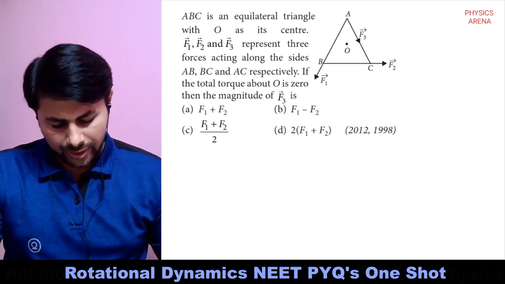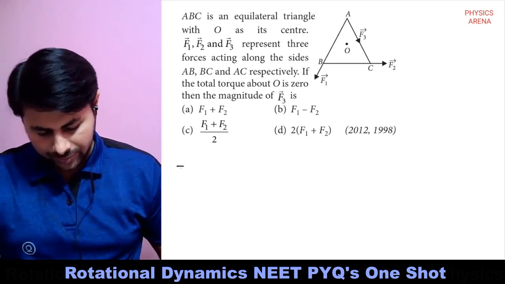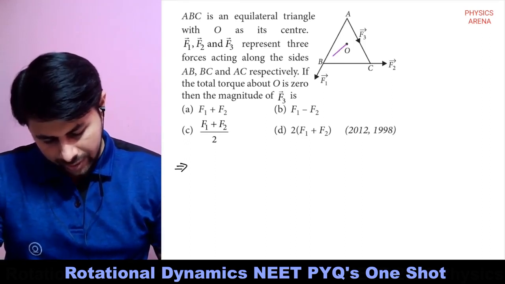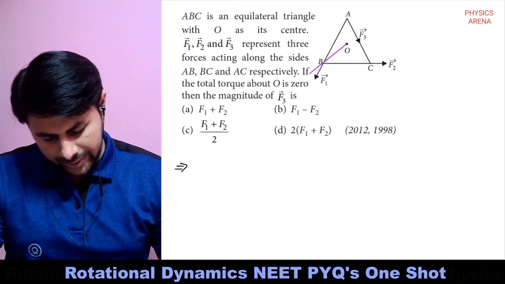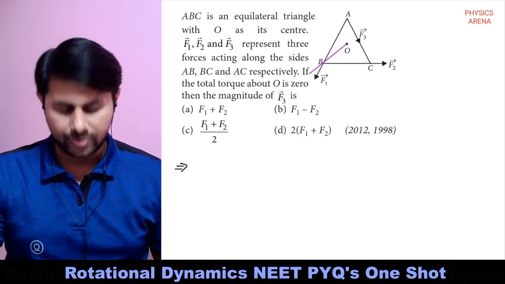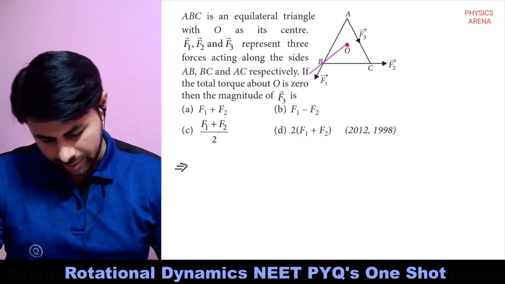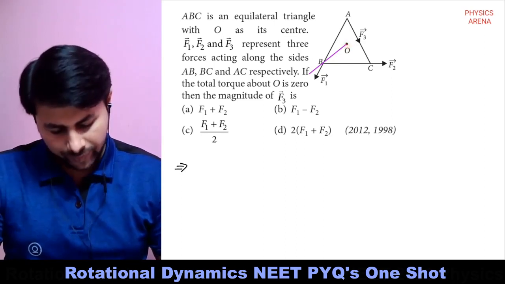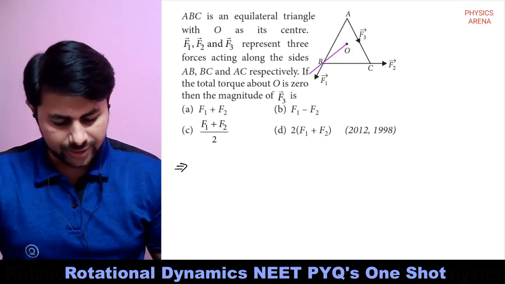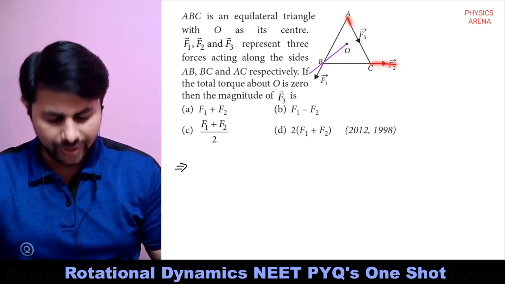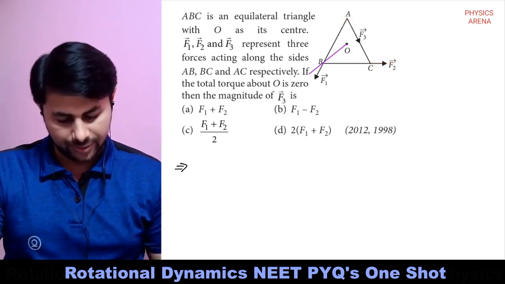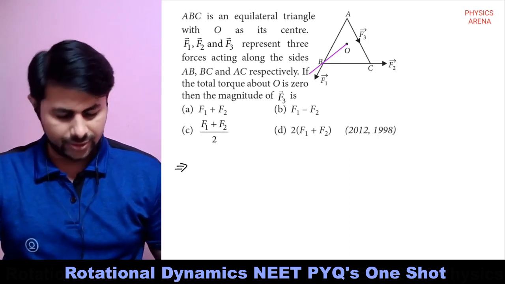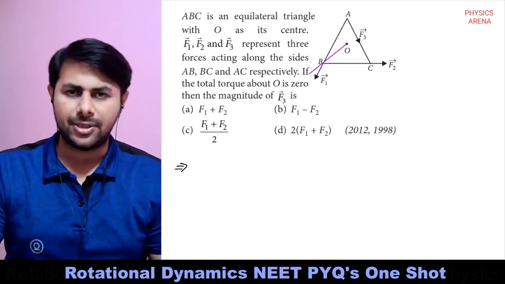So see, let's find out total torque. So this F1 is at some distance from the center, actually centroid. F2 and F3 are also at the same distance. But now see, the action of force is different.